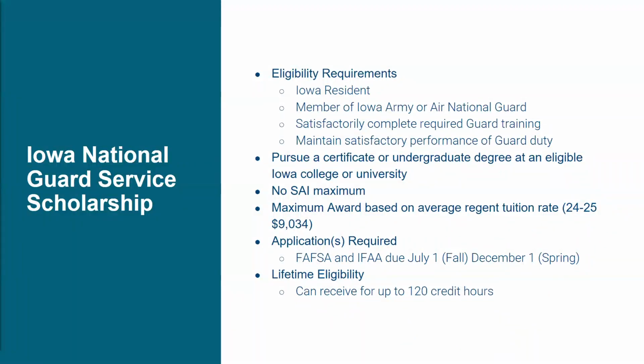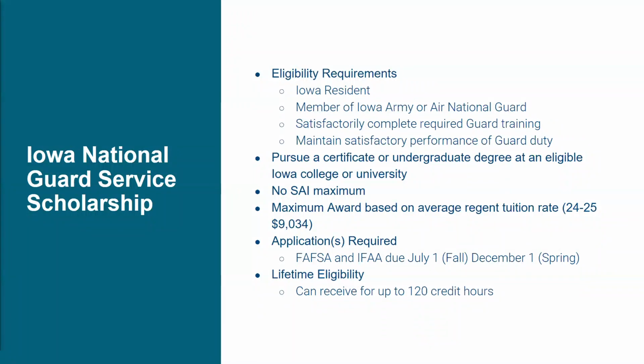This program does require both the FAFSA and the Iowa financial aid application. It is different in its due dates in that it has 2 separate deadlines. The July 1st deadline you would need to meet to be eligible for the fall semester, and the December 1st deadline of 2025 for the spring semester. However, if you do meet the July 1 deadline for fall, then that also meets the deadline for spring.